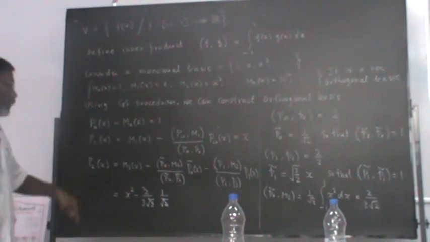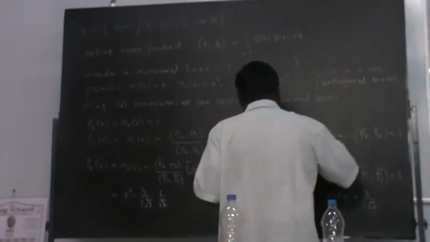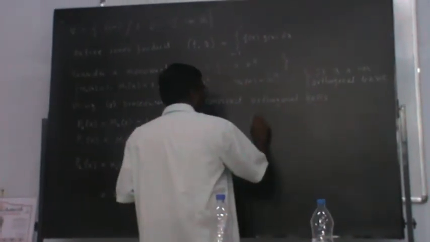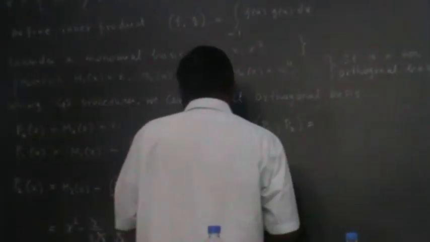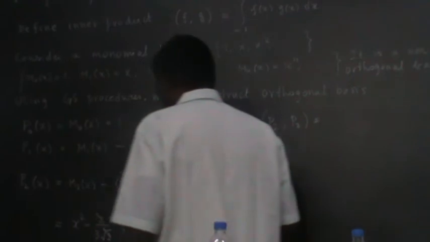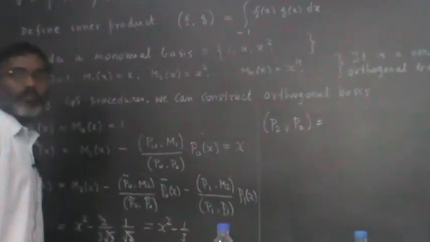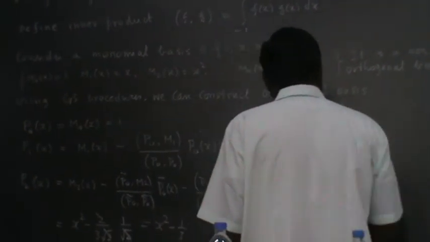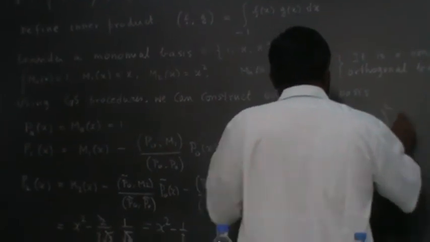But now I also require P2 to be equal to 1. So I ask, what is P2 of x, P2 comma P2? This is x square minus 1 by 3. So I write the integral from minus 1 to 1 of x square minus 1 by 3, the whole square dx.